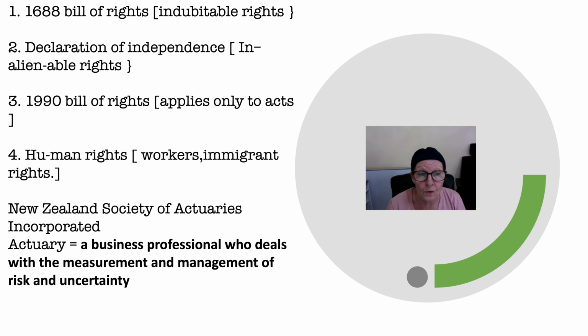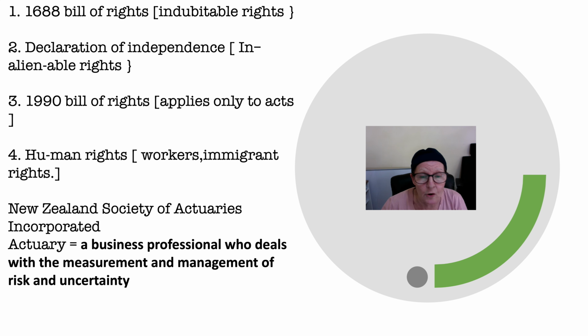And we were all given indubitable rights because the people on the Commonwealth country lands had not had their lands invaded. They had gotten their protections through a treaty. So these two rights are very, very different.